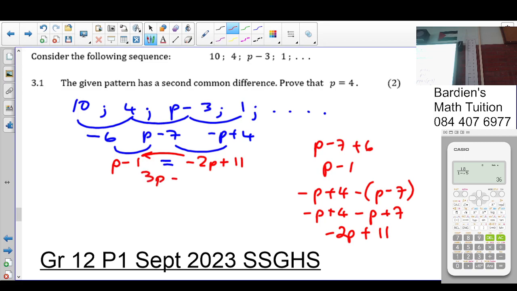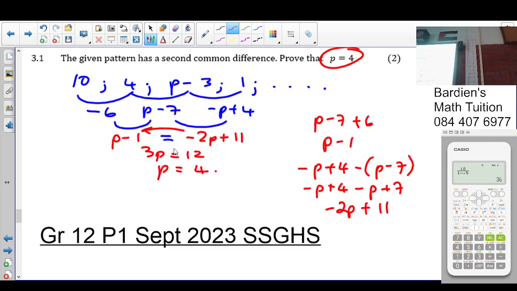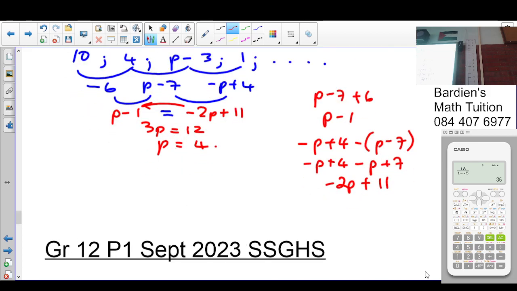It's going to be 3p is equal to 12, so p is equal to 4. When the question says prove that, I can't use 4 in the solution, I must end off with that. So my number pattern now reads 10, 4, 4 minus 3 is 1, and 1, and so on.